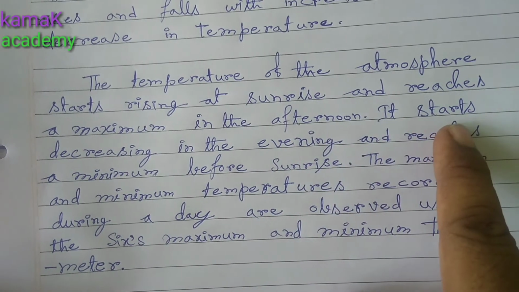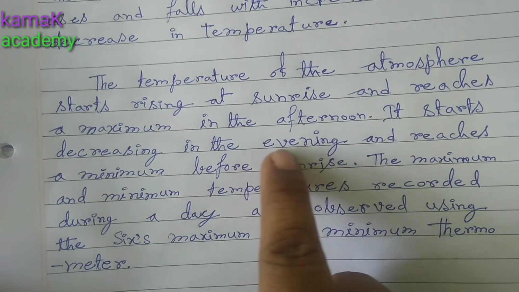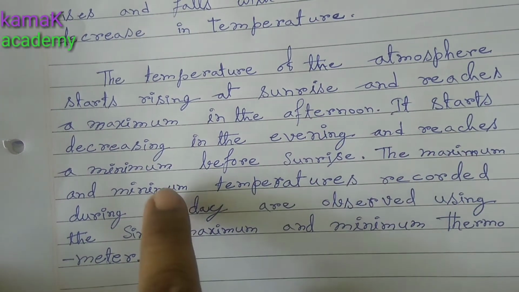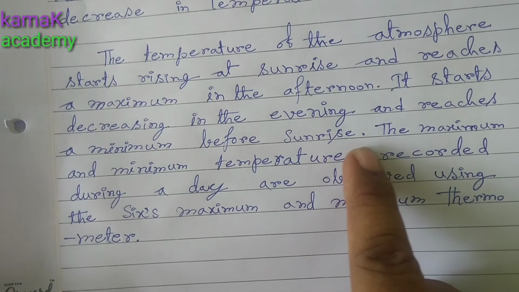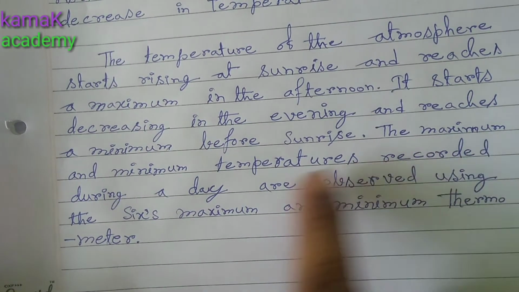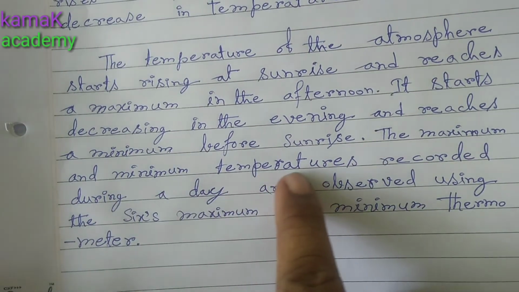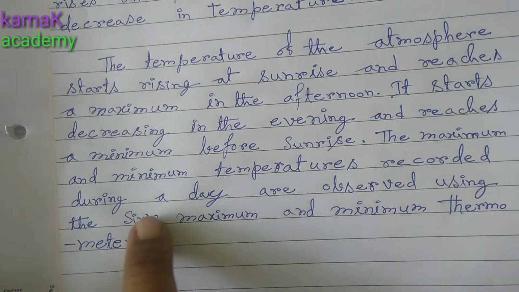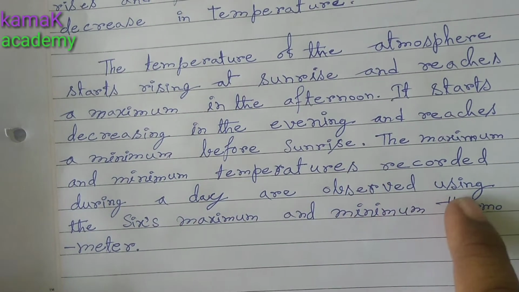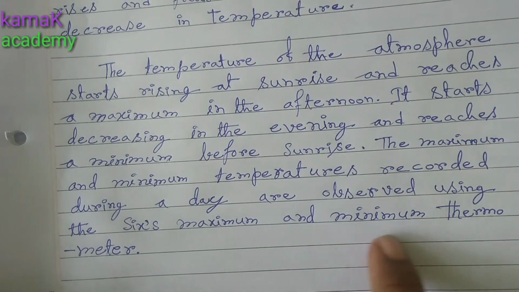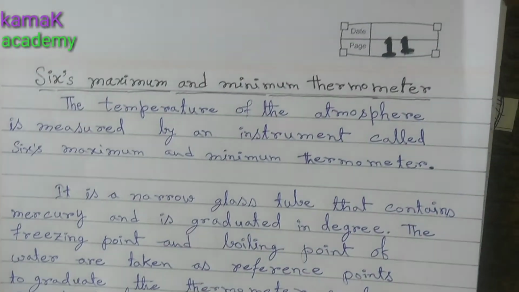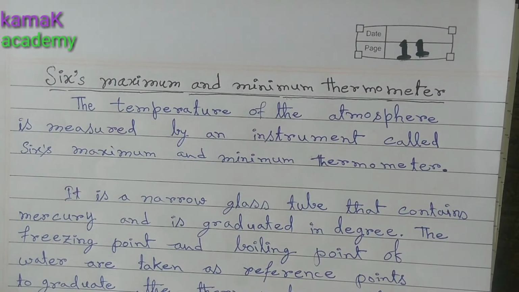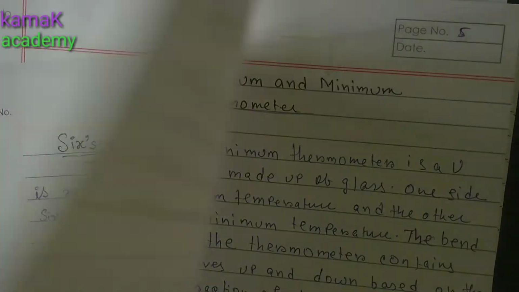It starts decreasing in the evening and reaches a minimum before sunrise. The maximum and minimum temperatures recorded during a day are observed using Six's maximum and minimum thermometer. Page number 11. Next page is 12.